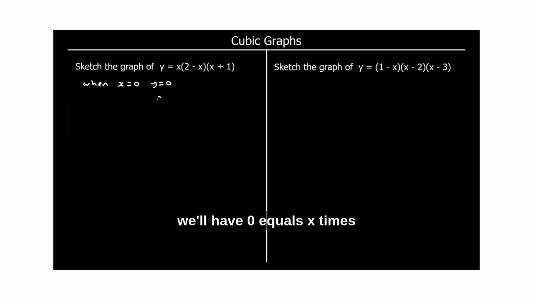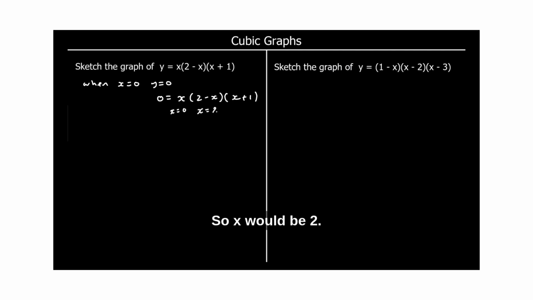When y is 0, we'll have 0 equals x times 2 minus x times x plus 1. So what makes this equal to 0? Either x is equal to 0, or 2 minus x is equal to 0, so x would be 2, or x plus 1 equals 0, x would be negative 1.